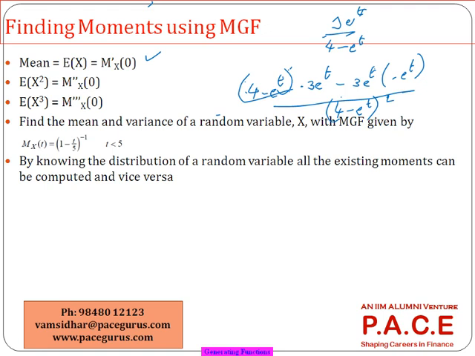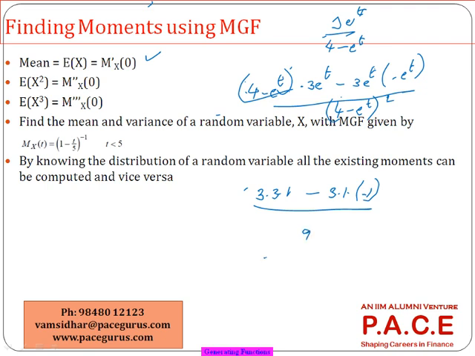If I put t equal to 0 here, e power 0 is 1. So this is 3 into 3 into e power 0, which is 1, minus 3 into e power 0, which is 1, into minus e power 0, which is minus 1, divided by 4 minus e power 0, which is 3 squared, 9.